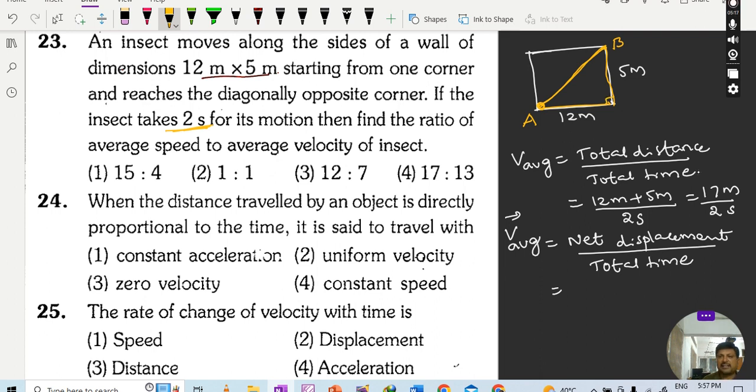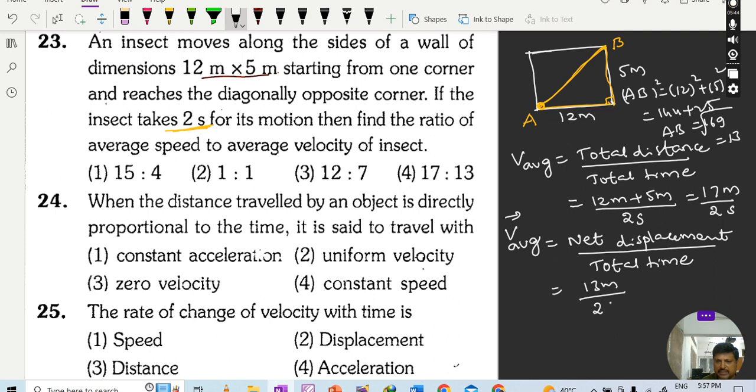According to Pythagoras theorem, this is 12, this is 5. AB whole square is equal to 12 whole square plus 5 whole square, that is equal to 144 plus 25, that is equal to 169. Then AB is equal to root 169, that is 13. So here net displacement is 13 meter and total time is 2 seconds.